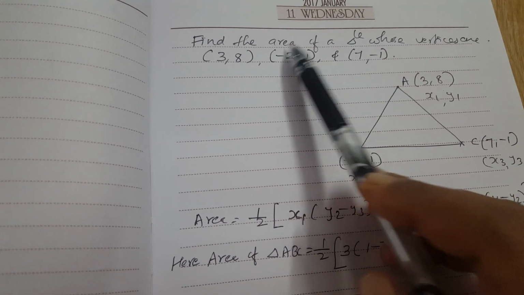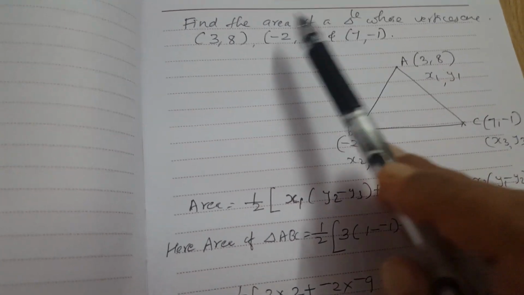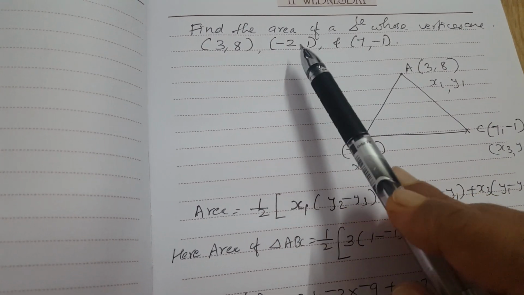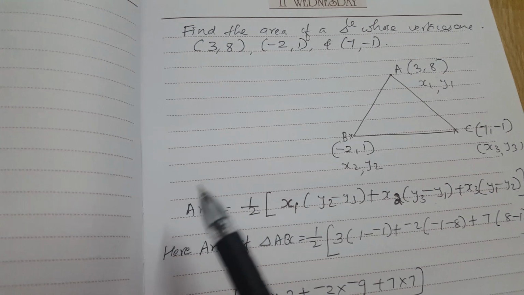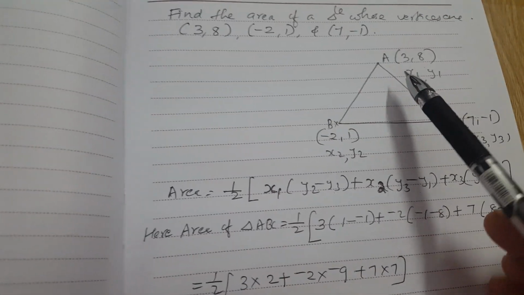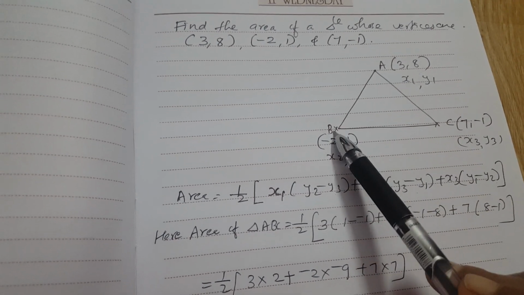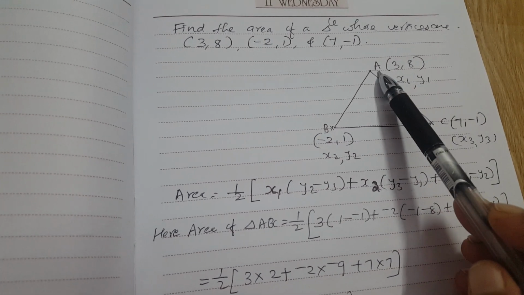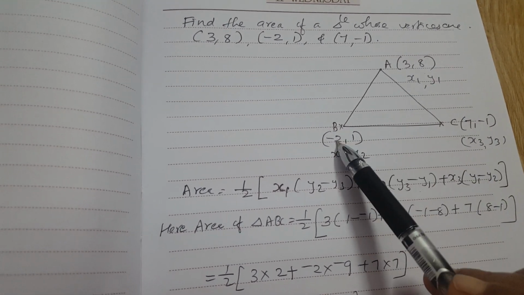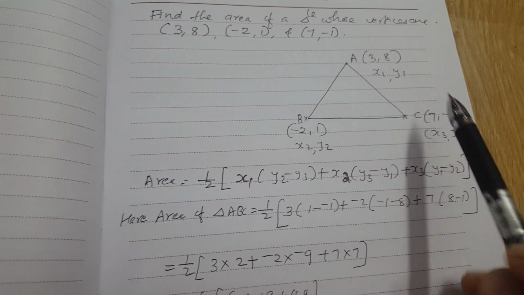See, find the area of the triangle whose vertices are 3, 8, minus 2, 1 and 7, minus 1. If you draw a rough figure, it will be very easy for you to understand. Here I have drawn a triangle ABC and the vertices are written, 3, 8, minus 2, 1 and 7, minus 1.